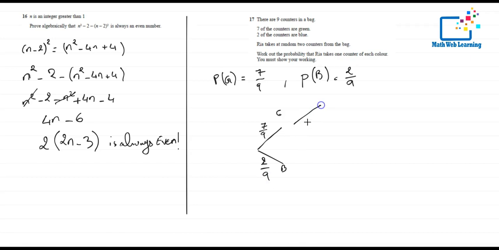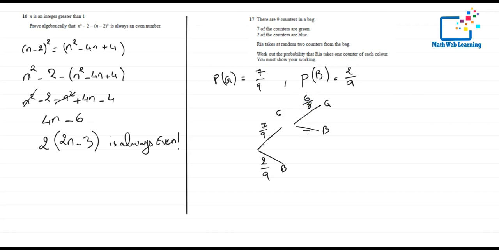The second counter could also be either green or blue. But because you've already taken one counter, there is one counter less in the second experiment, if you like. So you've got one less green and one less counter overall, so you have 6 out of 8, the probability of the green here.